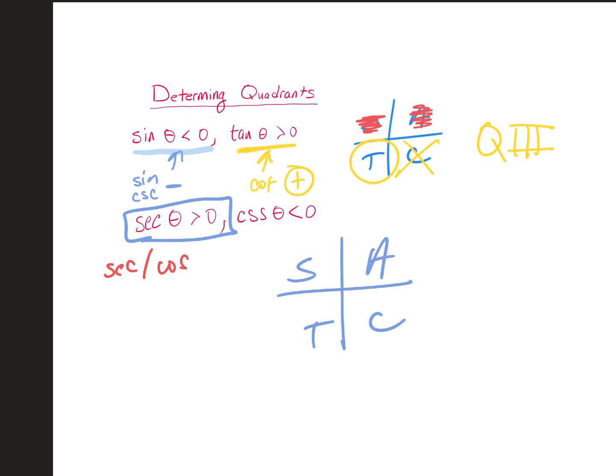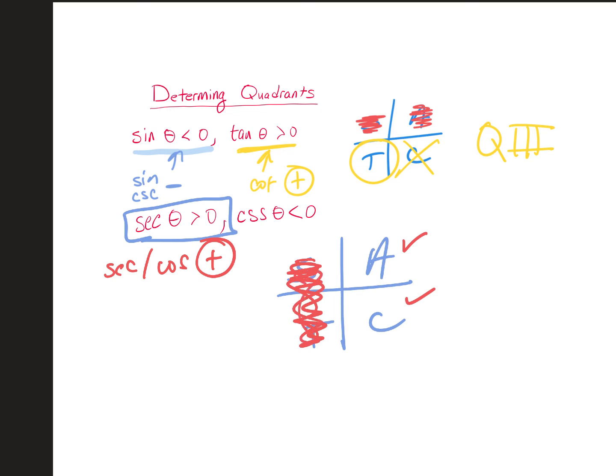So the first 2 that we have to eliminate are where secant and cosine are not positive. Where are secant and cosine positive? They're both positive in the first quadrant because everything is, and where else? In the fourth quadrant, the last one. So I know I can cross off these 2. You see that, Allie?